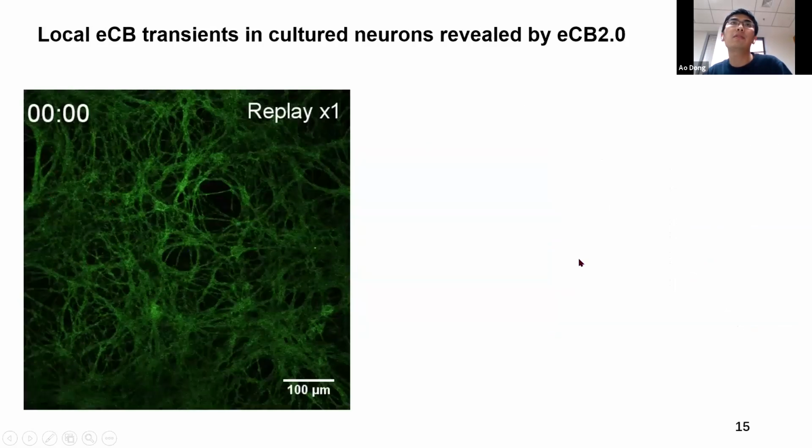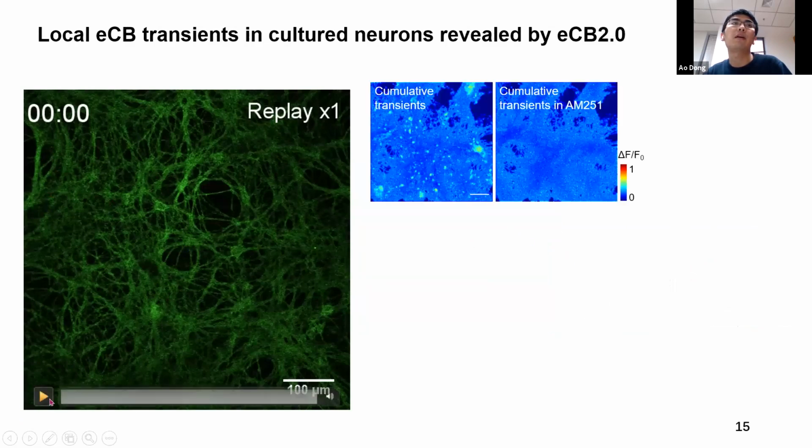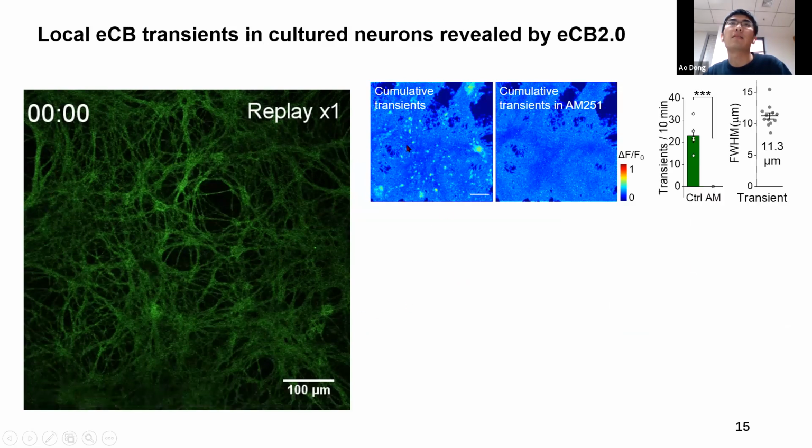Interestingly, in cultured neurons, even without electrical stimulation, we could see spontaneous eCB dynamics that are relatively local, in small spots. The diameter of this local transient is about 11 micron, indicating it's a local signal.